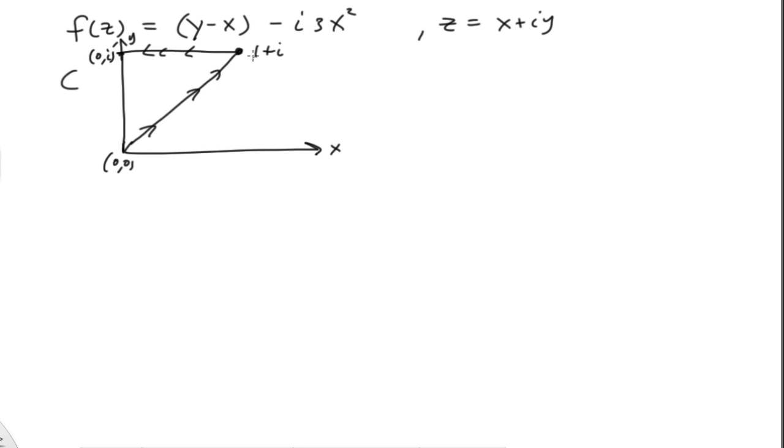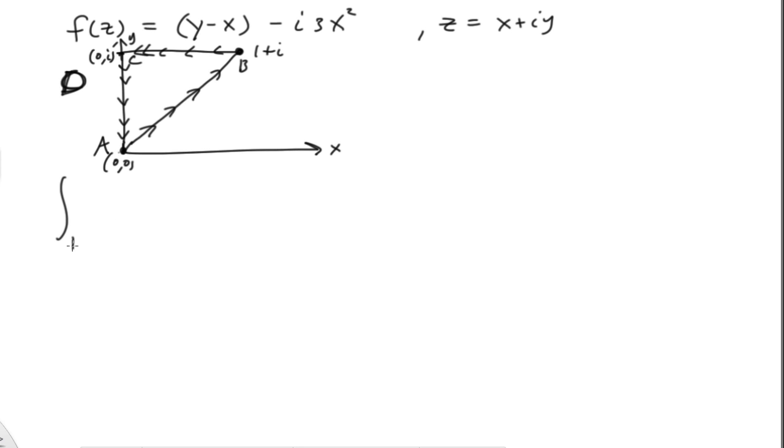It's not differentiable because of these corners, but each line segment connecting these points certainly is differentiable. So I'm going to call that my C, and I'm going to label these vertices as A, B, and, well, I really shouldn't have used that. This contour now will be called D. I'm going to call that vertex C.